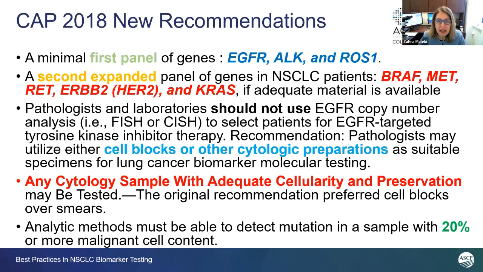In 2018, they added a new recommendation, which includes that in addition to cell blocks, any other type of cytologic preparation is usable for molecular studies, and that was a big move. Also, the analytic methods must be able to detect mutation in a sample with 20% or more malignant cell content. So that also sheds extra light on what we should do.